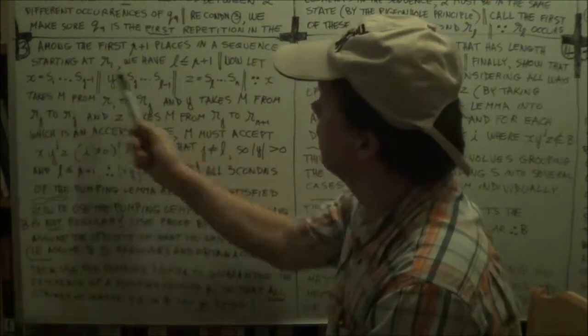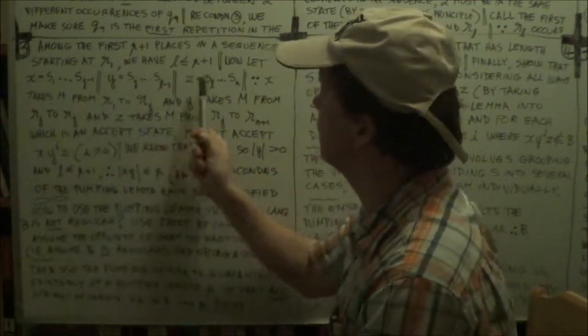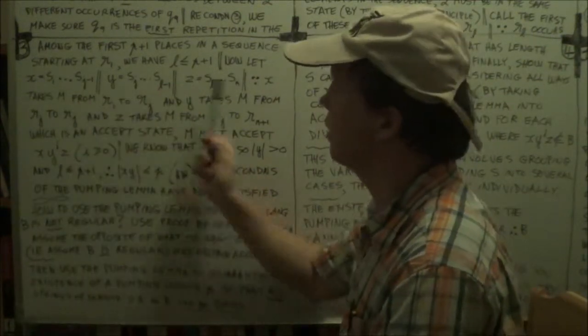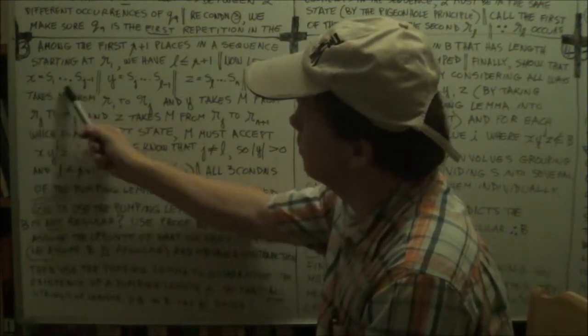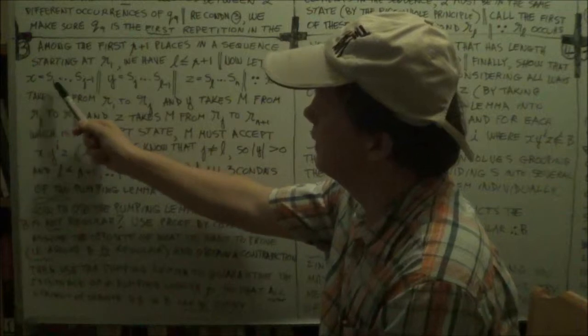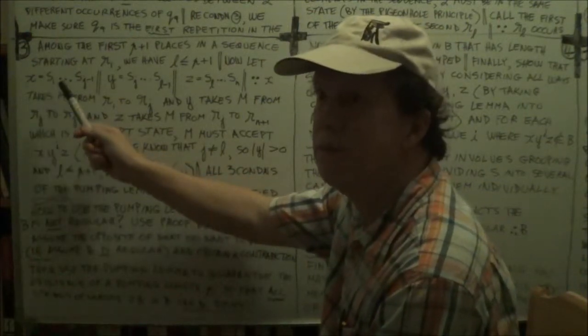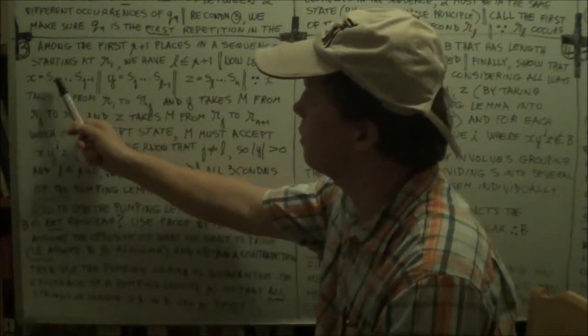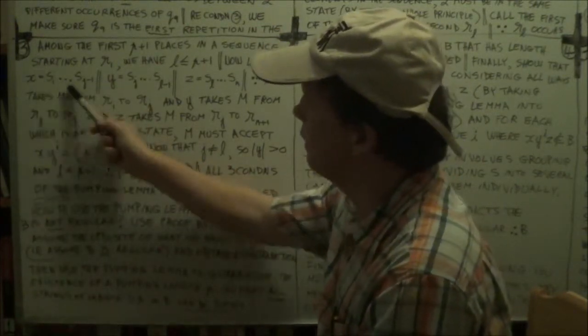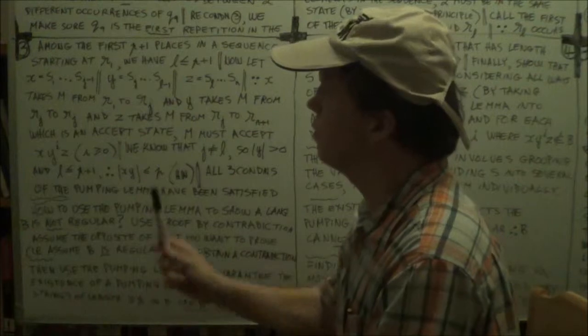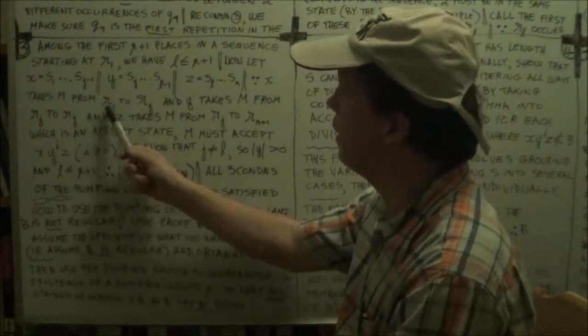So you split up your string S into X, Y, Z, these three substrings. The sequence of input symbols X will take your machine from R1 to Rj.